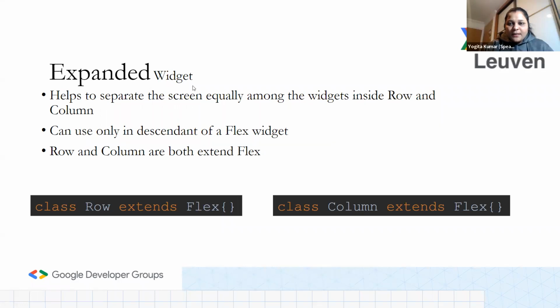Now, the Expanded widget is another widget in Flutter which helps to divide the space equally among the widgets inside a row or a column. It can be used only as a descendant of a Flex widget.